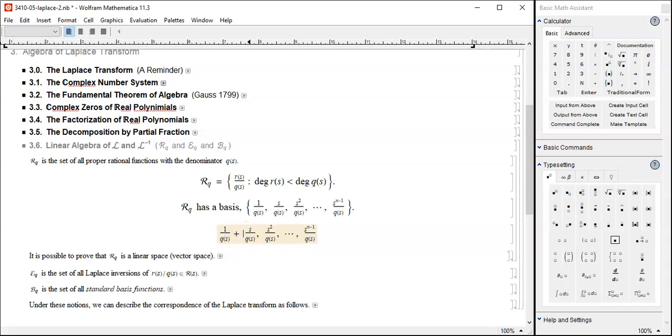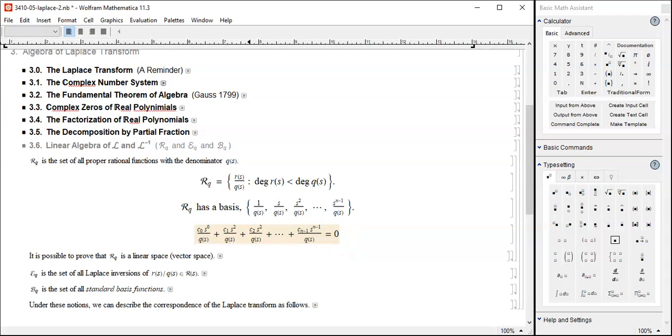Let's replace these commas by plus signs, and then put some coefficients here: C0 times that, which is S to the 0 power, and then C1 times that, which is S to the first power, and so on, C2 times that, plus C(n minus 1) times that, and that is equal to 0.